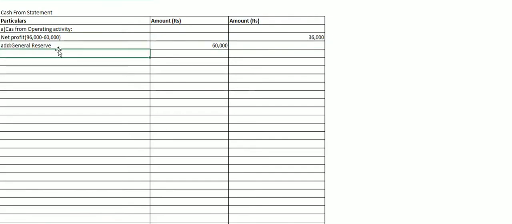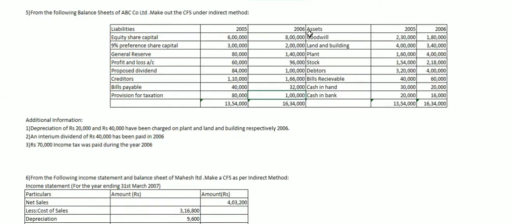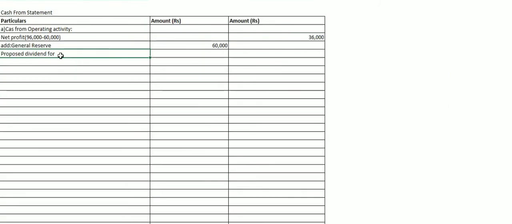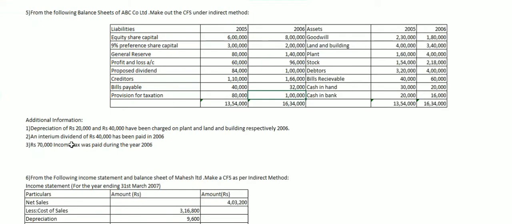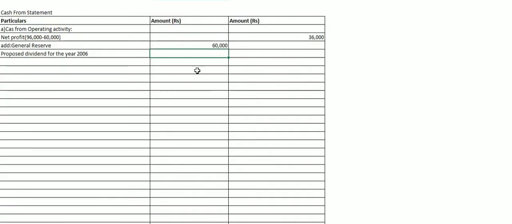Then if you have any proposed dividend paid for the year, so proposed dividend for the year 2006, what is your current year? 2006. So for the year 2006, proposed dividend is, so this 1 lakh is nothing but proposed dividend for the year 2006. So this will be added up in your net profit.